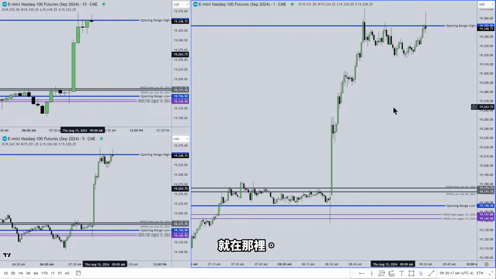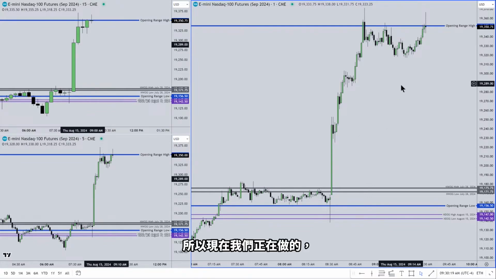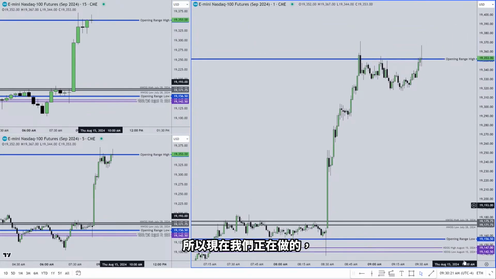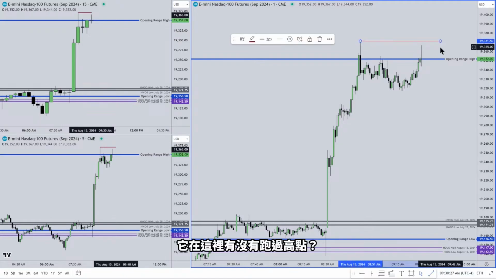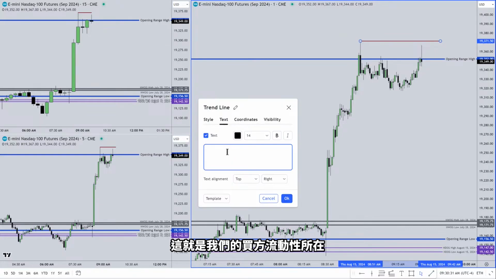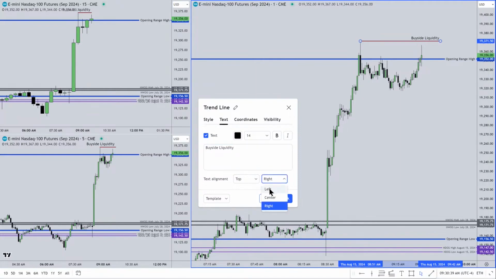So now what we're doing, we're just going to watch and see, does it have a run above the high here? That's where our buy side liquidity is. And top left.